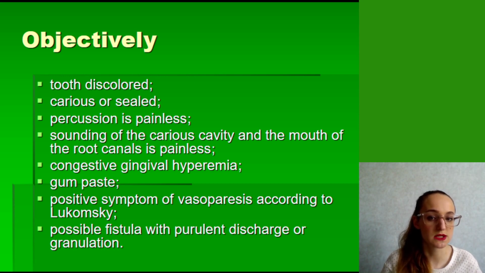Then a positive symptom of vasoparesis according to Bialkowski, congestive gingival hyperemia, and possible fistula with purulent discharge or granulation.